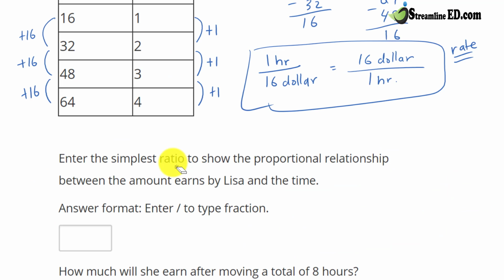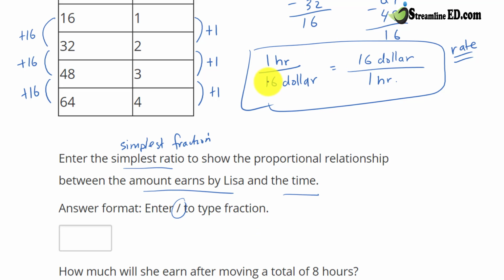Now let's continue to solve this problem. Enter the simplest ratio. We talk about the simplest fraction right here, okay? To show the proportional relationship between the amount earned by Lisa and the time. Because of our limitation, we are using the / to type fraction. In this case, what is the relationship?